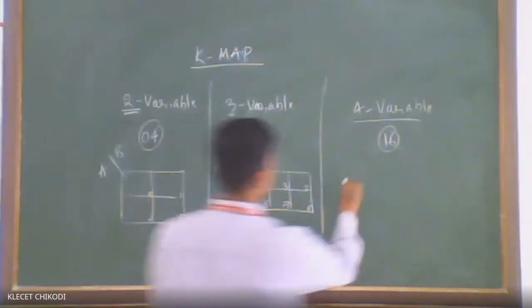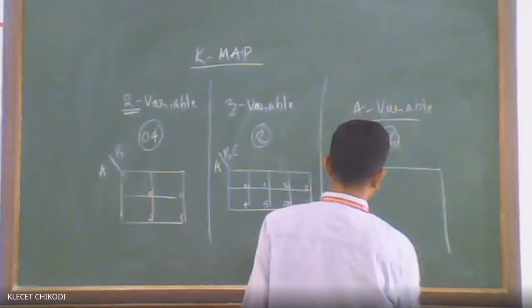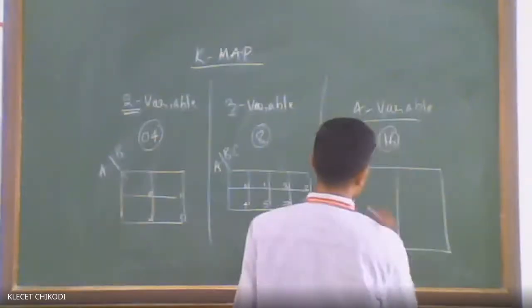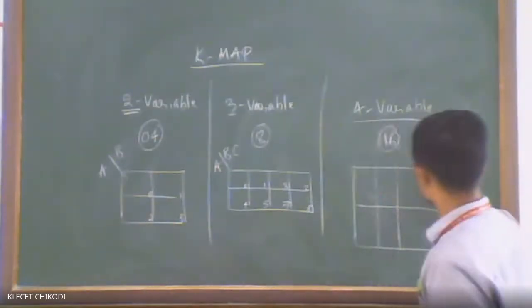Fine. Similarly for 4 variable, again it is a square which has total 16 K-map cells.